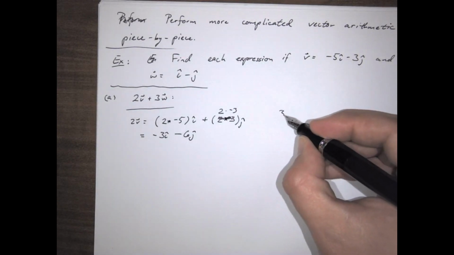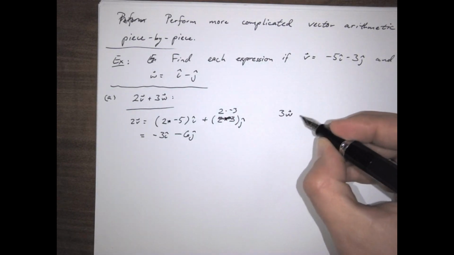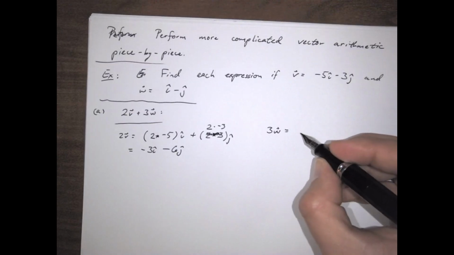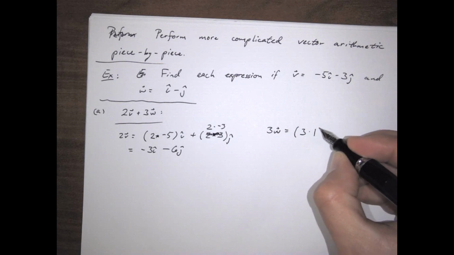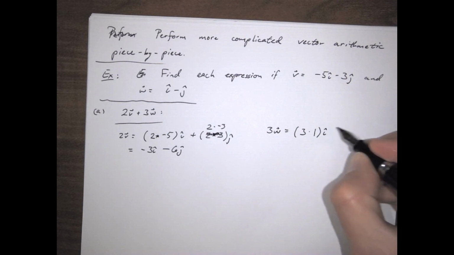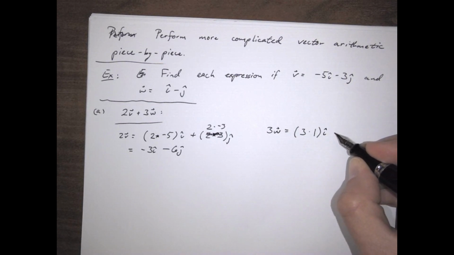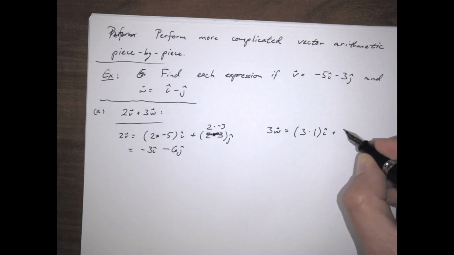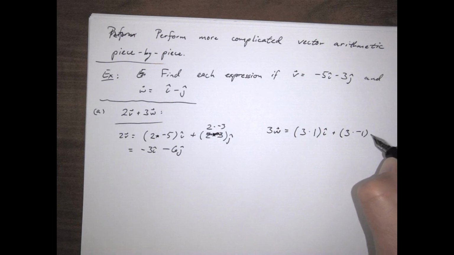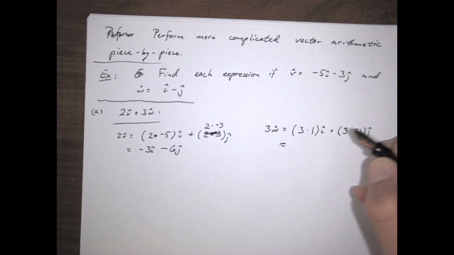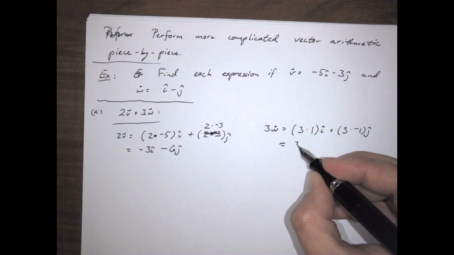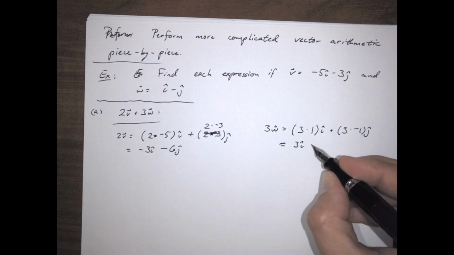Okay, 3w we would evaluate in a similar fashion. So that's just going to be 3 times the 1, that was the original component of i, plus 3 times the negative 1, that was the original component of j. And that's just going to be 3i minus 3j.